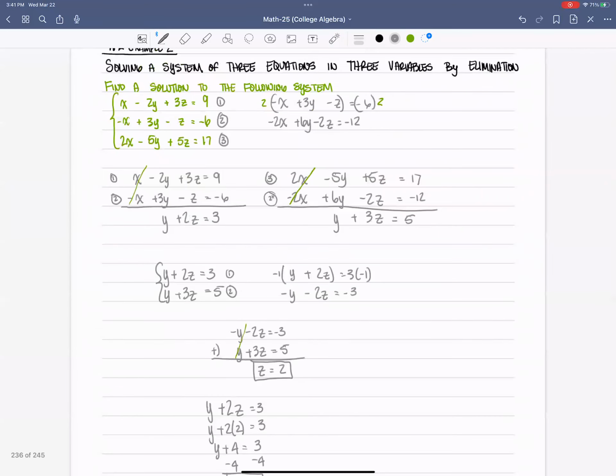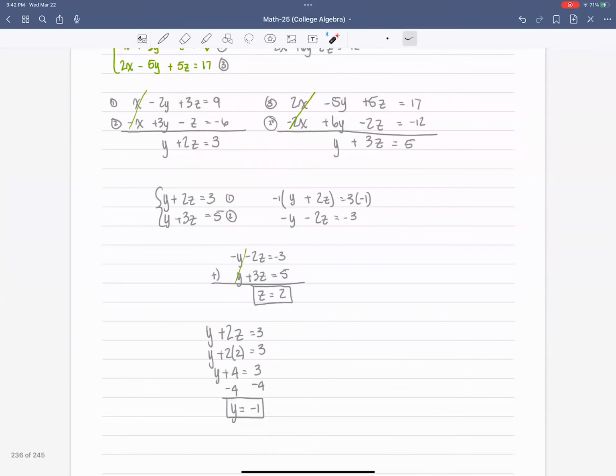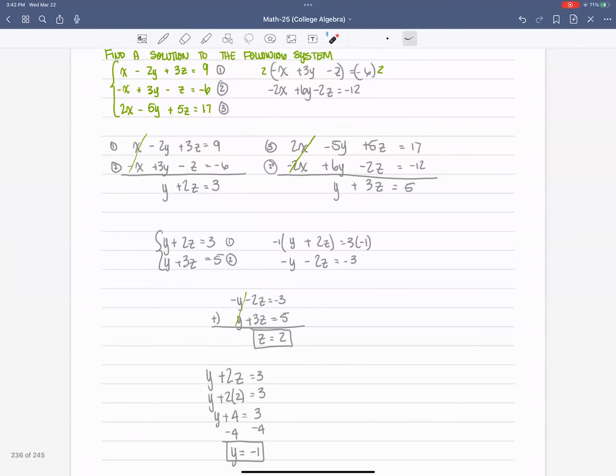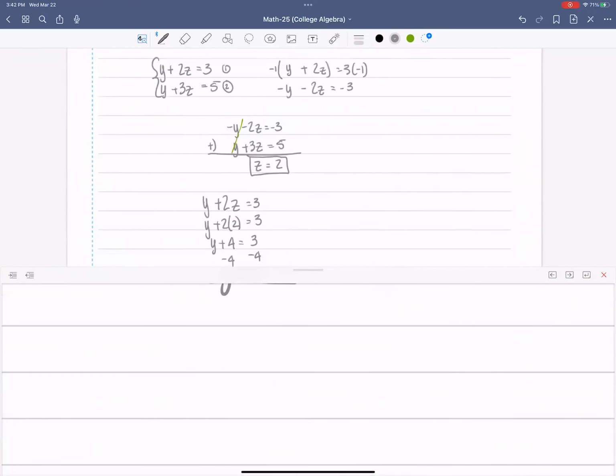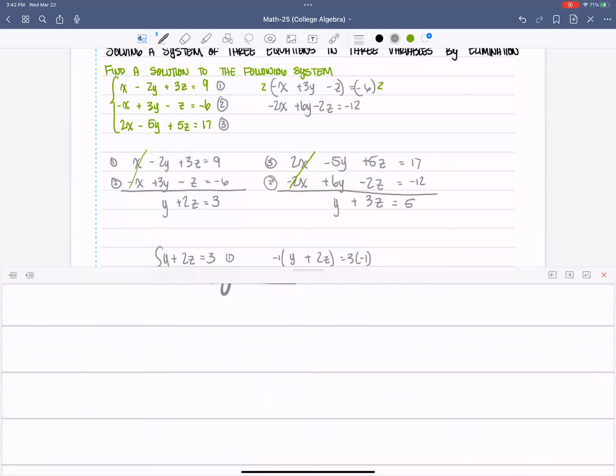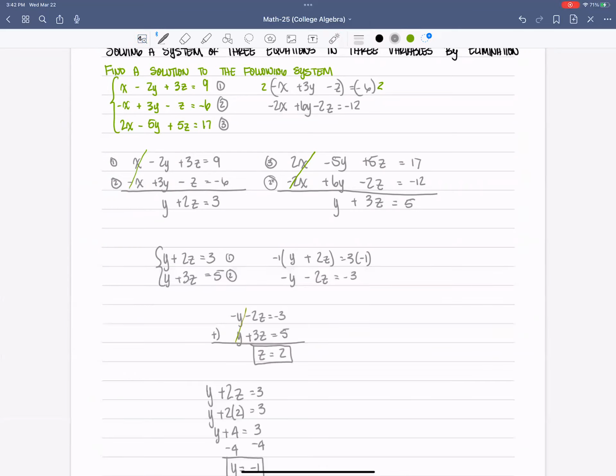Now that we have 2 variables, we could plug in y, we could plug in z, and figure out what x is. Just like before, I want to be a little lazy and just use that. So let's try equation 1. X minus 2y plus 3z is equal to 9.